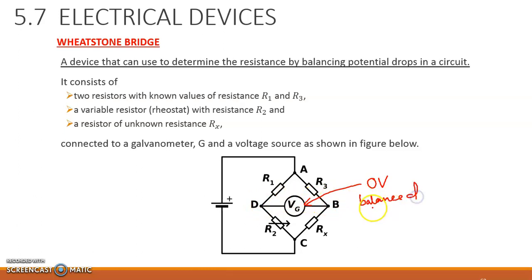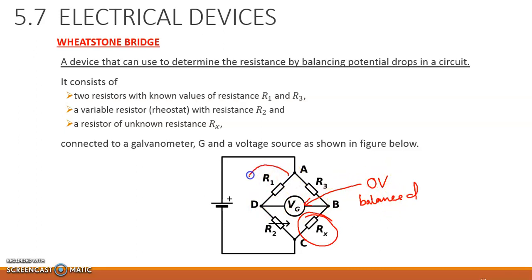Okay, so kalau balance, kita boleh buat satu equation ratio and from there, we will have an equation that we can use to find the value of the unknown Rx. So when the galvanometer shows 0 volt, the circuit or the bridge is balanced.